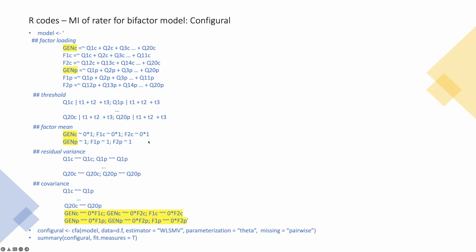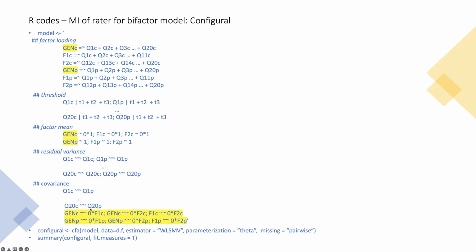The only other difference: previously I mentioned that covariances are automatically estimated, but you do not want the factors within a parent or within a child to be correlated. For example, the general factor and the first factor within the child should be 0. Because those are automatically estimated, you actually have to set them to 0 so that R knows not to estimate them.